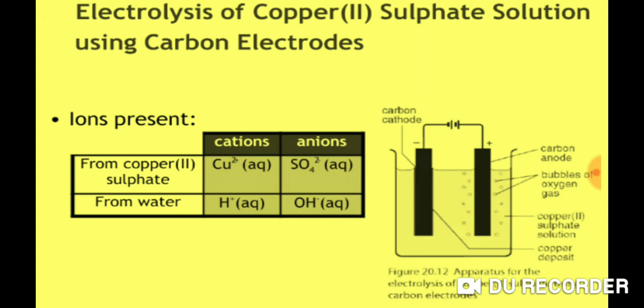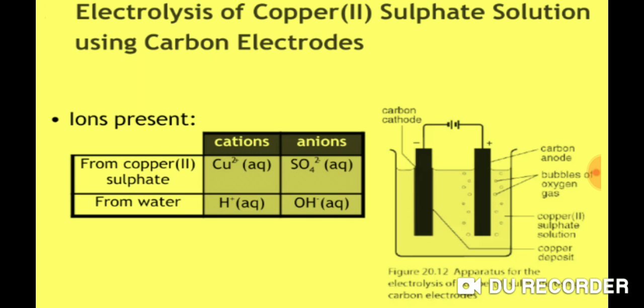Now, let us discuss electrolysis of copper sulfate solution. When copper sulfate solution dissociates, it forms copper ions, Cu2 positive, and sulfate ions, SO4 2 negative. Similarly, there are two more ions which are formed from water: one is H positive ion and the other is OH negative ion.